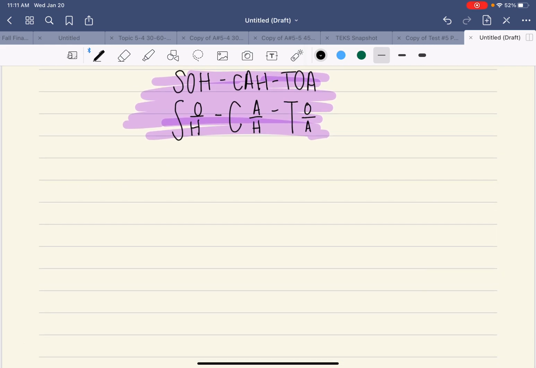So there's going to be probably 3 different parts of these notes. So this is the first part of the notes. In the first part, we're going to talk about ratios. We're just going to practice ratio building.